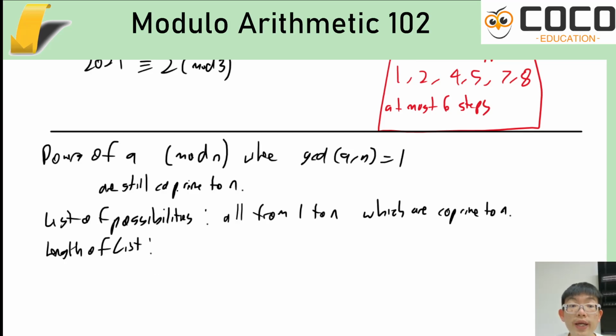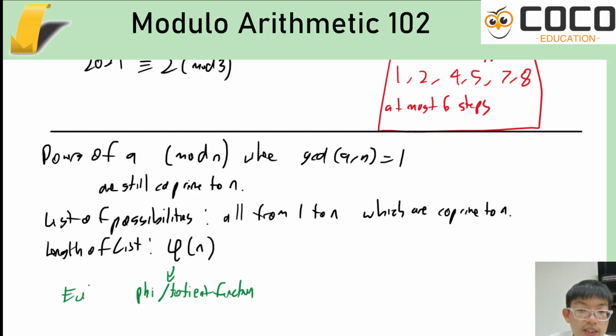Well, this is where our semi-famous Euler's totient function, also known as Euler's phi function, this is the Greek letter phi, let's give Euler his due accreditation. It is Euler's phi function slash totient function.